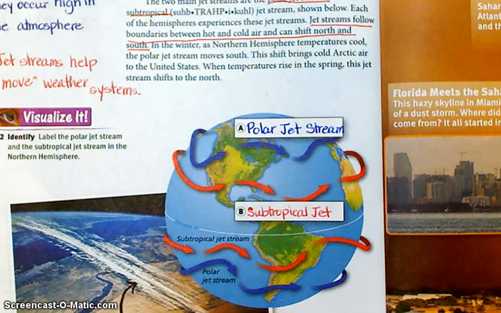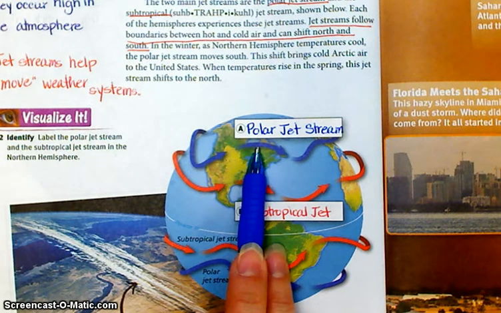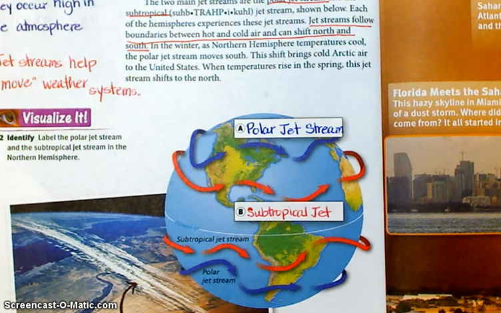That's sort of beyond what we do in 8th grade science, but please understand what they are. They're narrow belts of high-speed winds up in the atmosphere, and know where they're located. You've got the polar jet at the higher latitudes, you have the subtropical jet at the lower latitudes. So A should be labeled the polar jet stream, B should be labeled the subtropical jet stream.